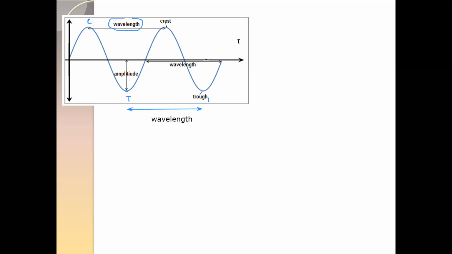Or the length of one wave, meaning the length of one complete crest and one complete trough horizontally. This total length is also known as wavelength.